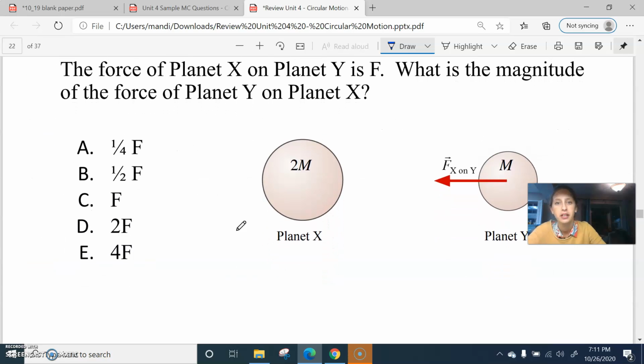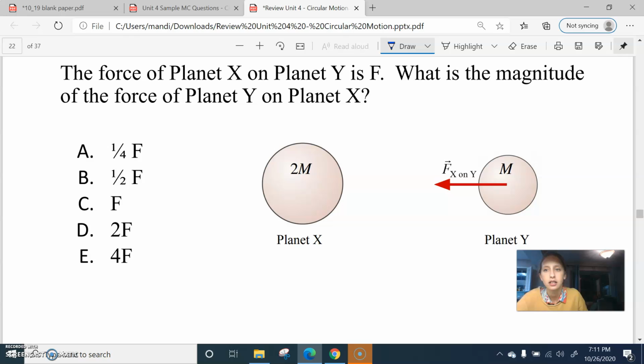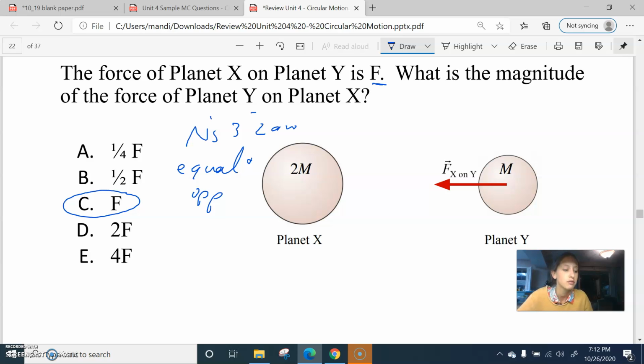Okay, so if the force of x on y is F, what's the force of y on x? Also F. Newton's third law: equal and opposite. It feels weird, but the force that planet Earth pulls on me is a huge deal to me.